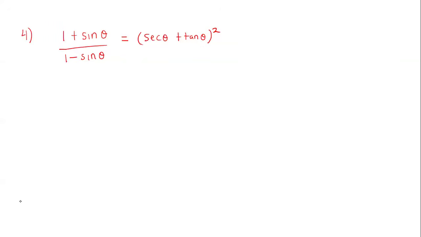Now, when you look at the left to the right, we have our 1 plus sine theta out of 1 minus sine of theta. Now, when you look at where you are heading, you note that there is nothing in the denominator. You must think quickly. Ask yourself, how can I eliminate what I have in the denominator?